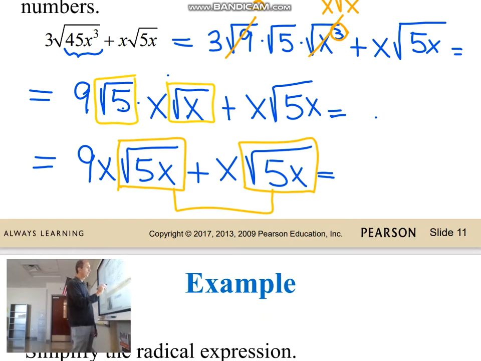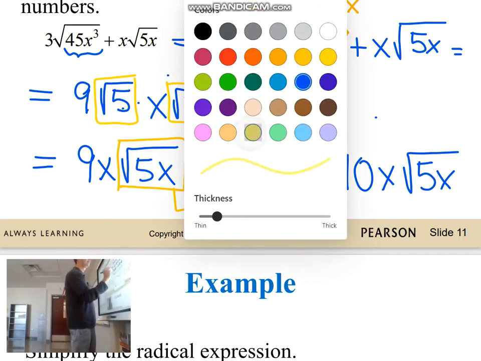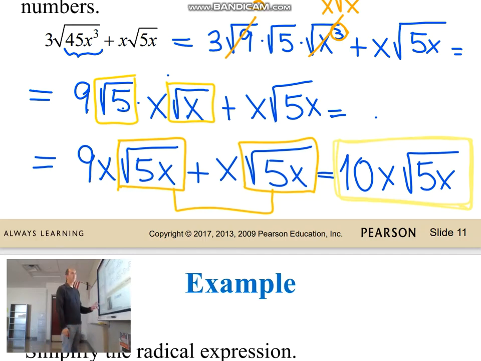Combine the coefficients, 9x plus x equals 10x square root of 5x. That is the answer after all the simplifications that are possible.